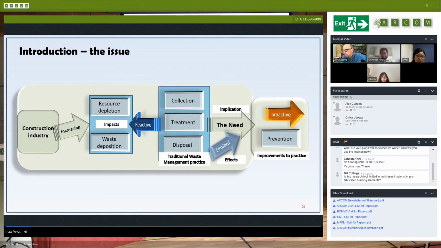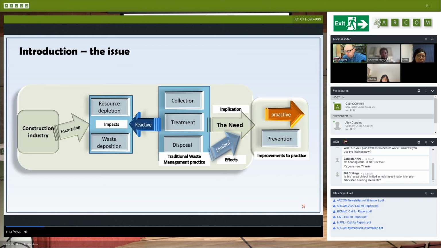This slide describes the situation in the construction industry, highlighting that construction activities deplete our resources and generate waste. To manage the impact on the environment, traditional waste management measures were developed, which include the collection, treatment, and disposal of waste. Such measures react to the already existing condition and cater for already generated waste.